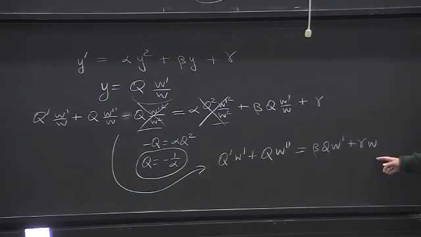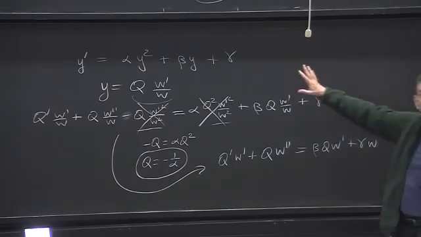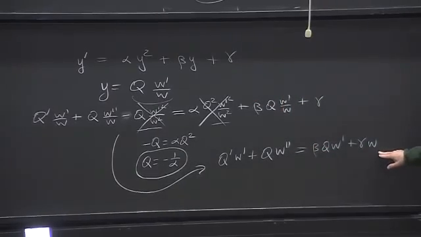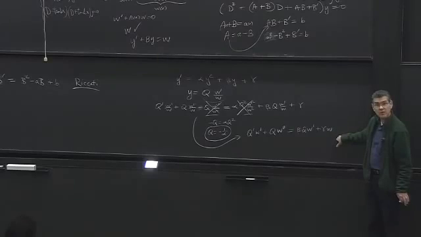And this equation is linear. So I've linearized the equation, which is very, very nice. So although the Riccati equation is nonlinear, I have now made this equation into a linear equation for w. W only appears to the first power. And in fact, it's linear and homogeneous. And this may be an equation that I can look up in a book.